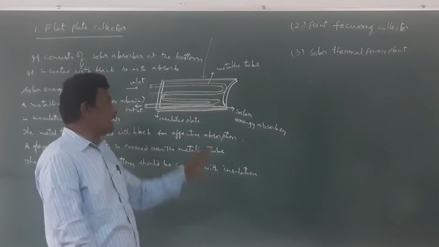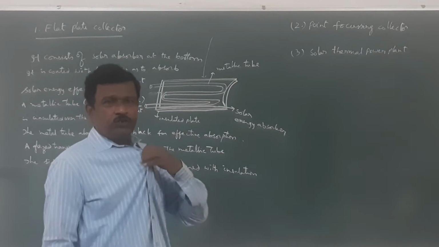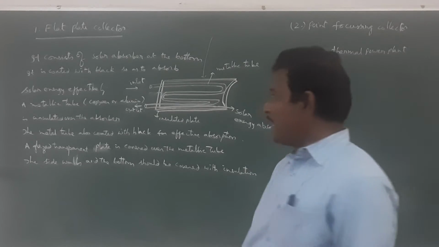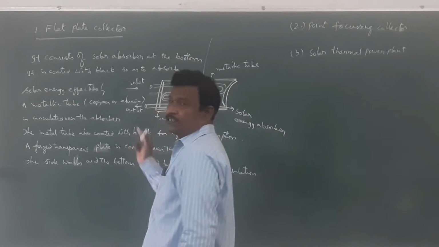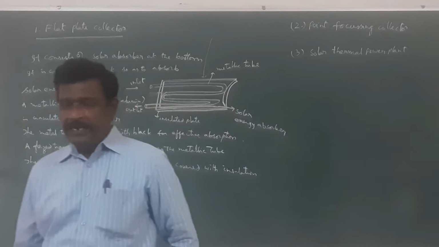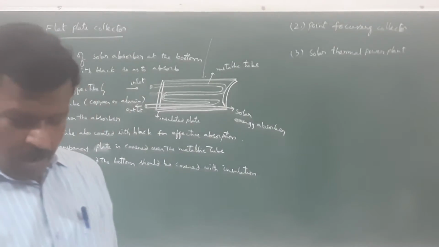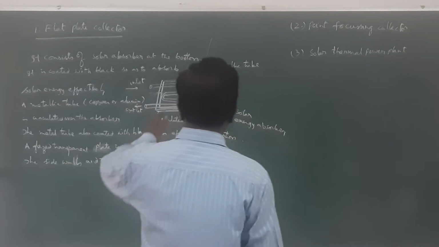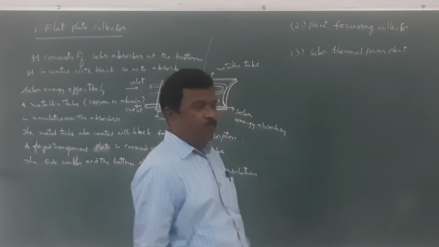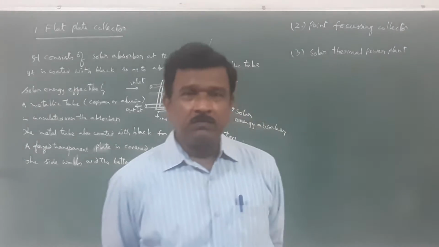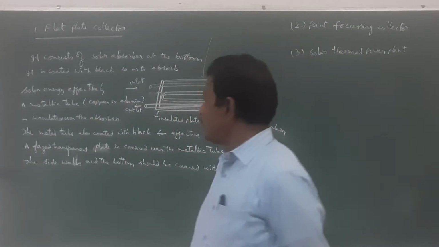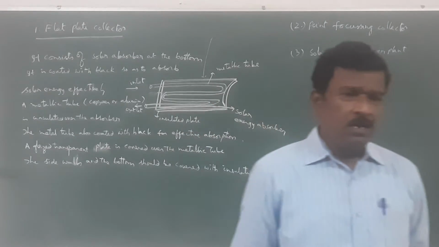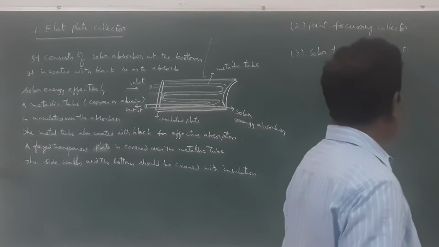All those flat plate collectors are connected in series so as to increase the solar power collected from the different plates. Therefore, to increase the amount of power that can be obtained from solar energy, a number of flat plate collectors can be used and connected in series. Now that is the flat plate collector.